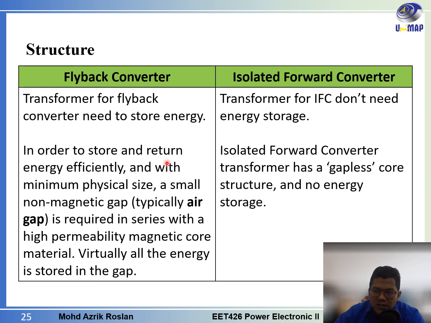And for the isolated forward converter transformer, the transformer itself doesn't have to store the energy, so it will use a gapless core structure, so that there will be little energy storage in the transformer.